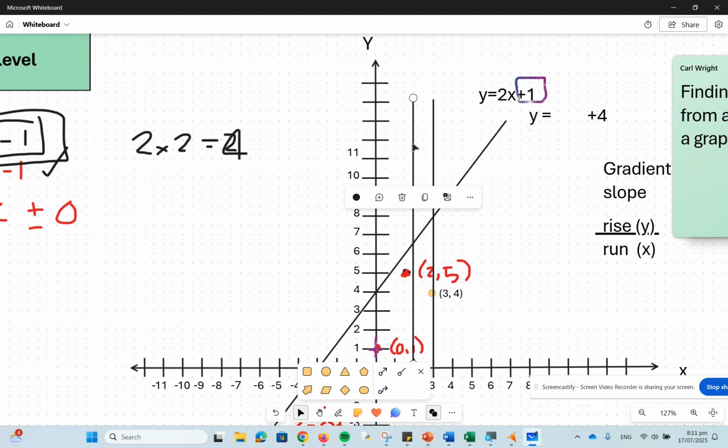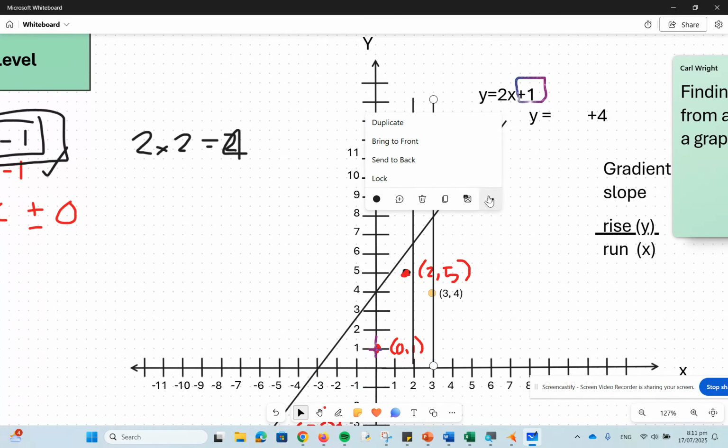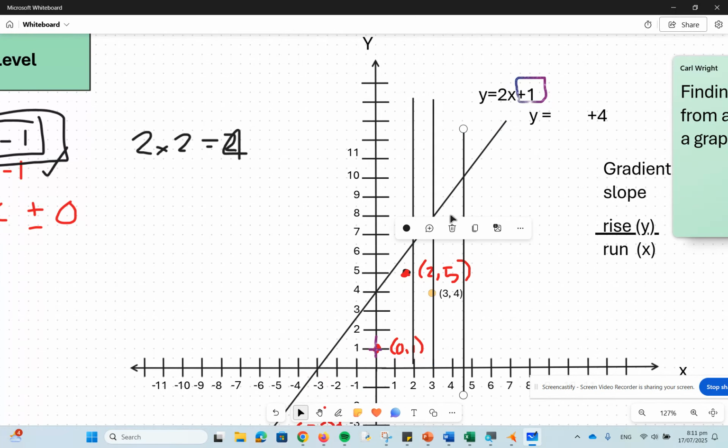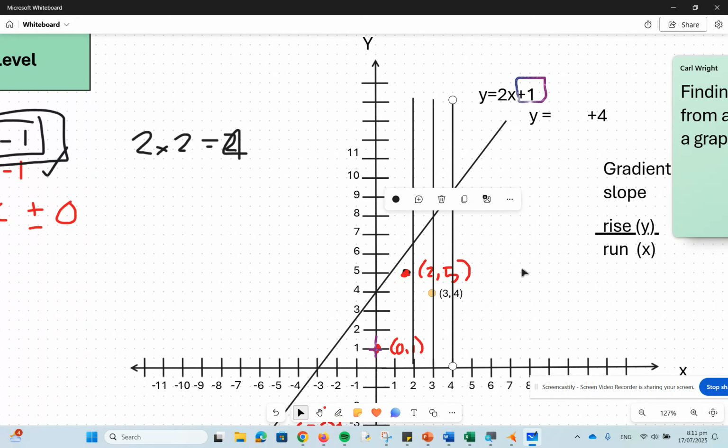But we'll do what we can, because this online software is actually really hard to do tutorials on, because you have to draw everything.